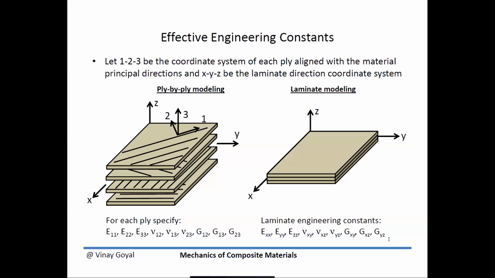To achieve that, the first step is to understand how we can transform a single ply whose lamina orientation may not be aligned with the laminate XYZ directions. Somehow we need to transform this so that we can come up with a material behavior in the X, Y, and Z directions for a single lamina. And then we can figure out how to do it for multiple lamina.